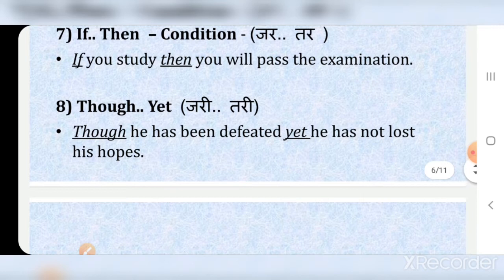Here, though he has been defeated, that means something bad has happened to him, right? Though he has been defeated, yet he has not lost his hopes. That means still he is positive, or he is optimistic.